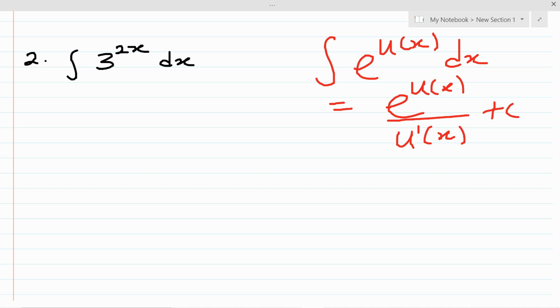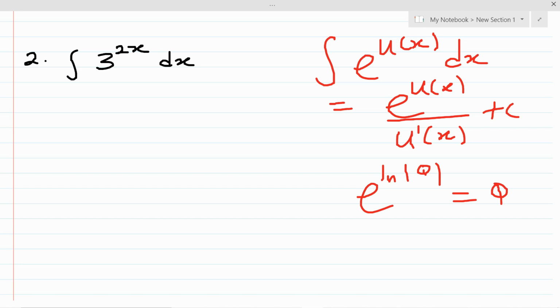Now, what if the base is not e? Then we said you use the idea that e to the power ln of whatever function you're given, let's say e to the power ln of q, is the same as q.